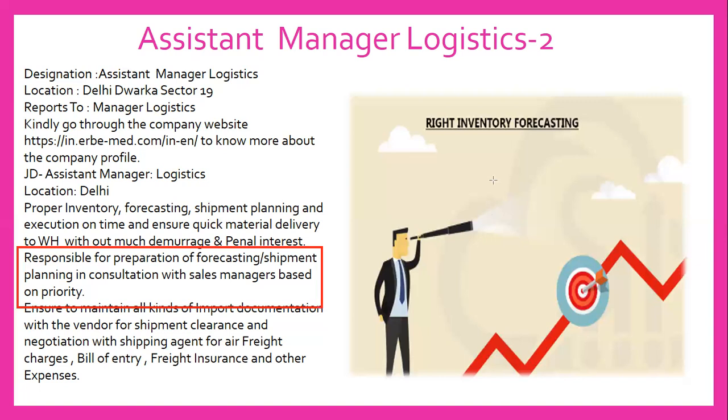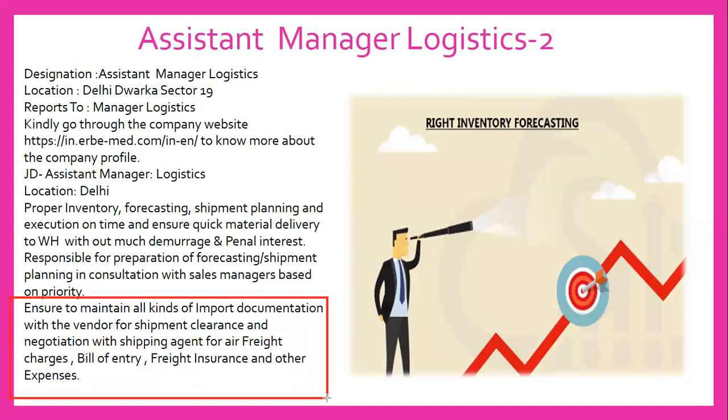Now if we go to the next point, we will understand some more things in this assistant manager job, okay. Ensure to maintain all kinds of import documentation with the vendor for shipment clearance. So here we need to ensure all the documents needed for the import, and keep them in mind.